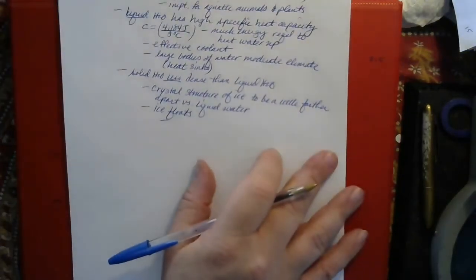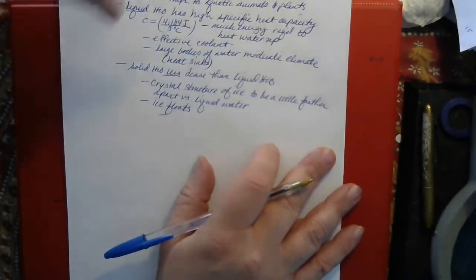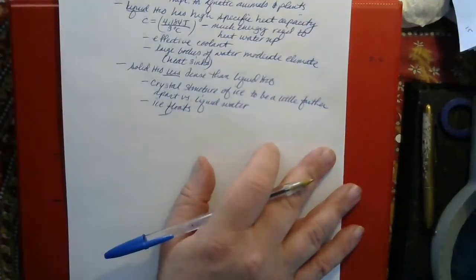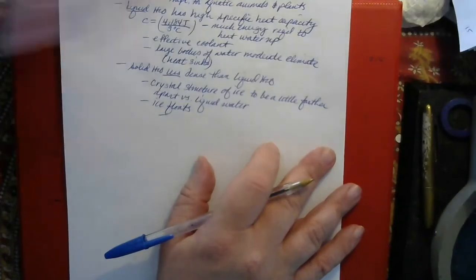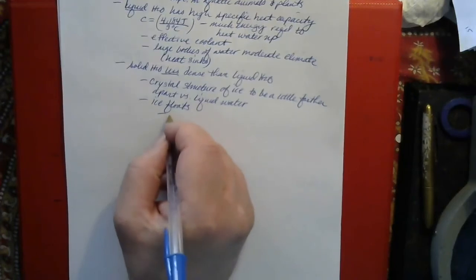With ice floating on top, it actually provides kind of a layer of insulation, and it helps prevent freezing deeper down. And so the plants and the fish can stay around, and there's sort of less impact on the environment every winter than there would be if ice were more dense than water and sank to the bottom.